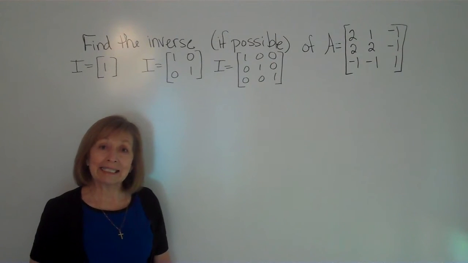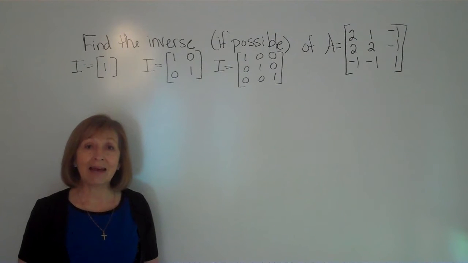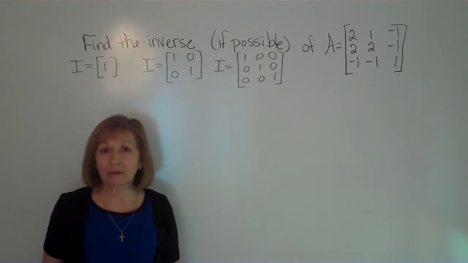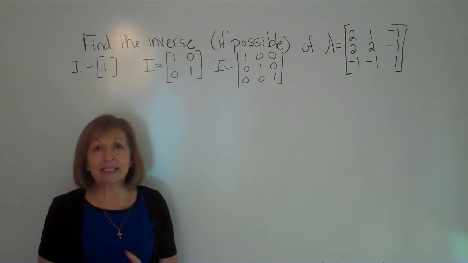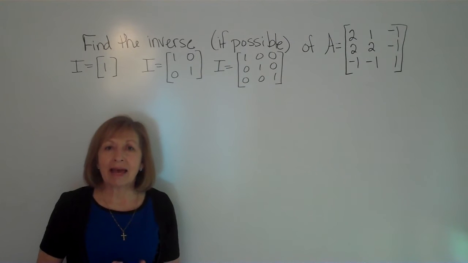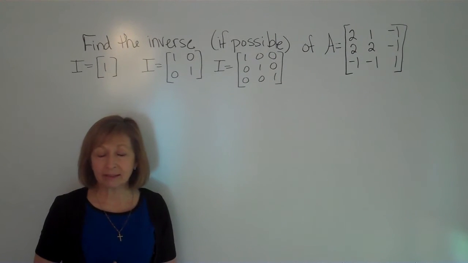When we're looking at the conditions that have to be met in order for a square matrix to have a multiplicative inverse, if you're further on into the theory of matrices, there is a check that you can do to see whether that square matrix has an inverse before working through the process.